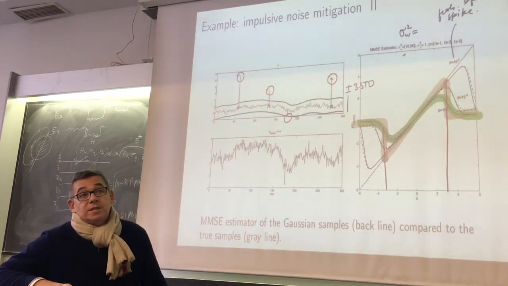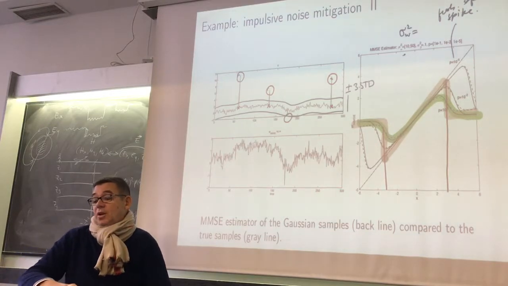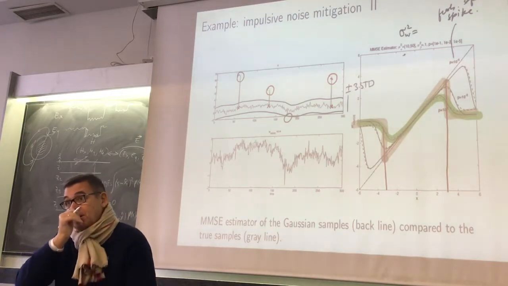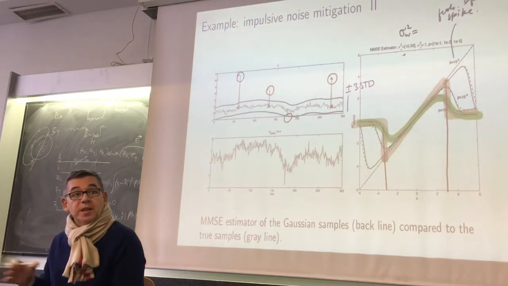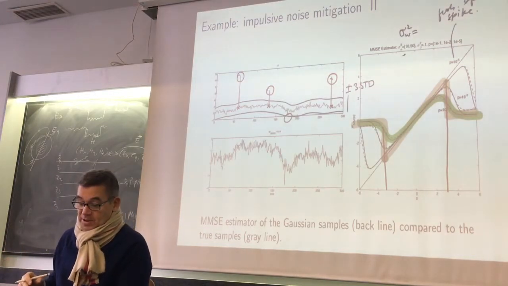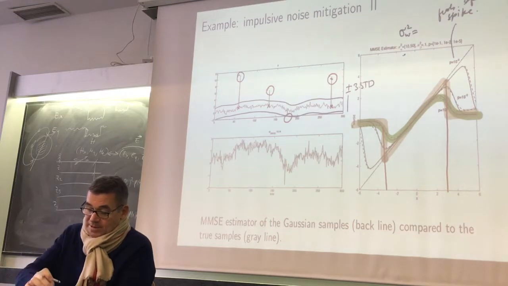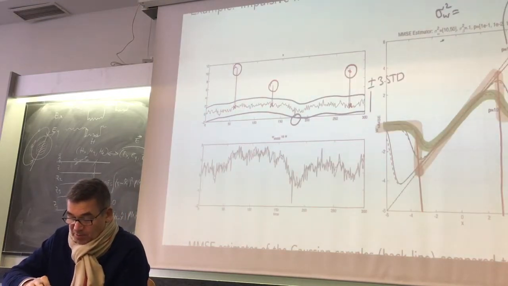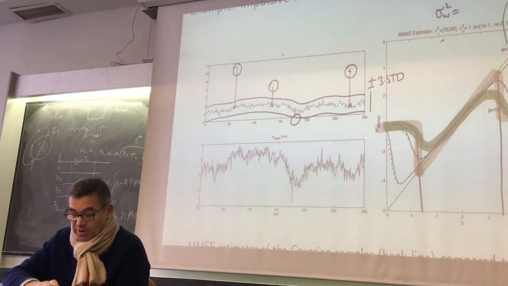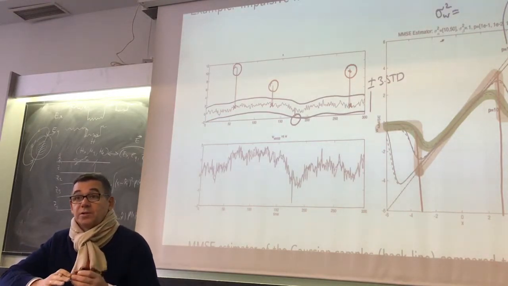So the MMSE estimator does what the intuition is suggesting to us, smoothing the data when they are too big, keeping them when they are small. So applying the MMSE estimate and comparing to the true data, now I don't remember which one is the true, but you can see that they are following one another. Okay?